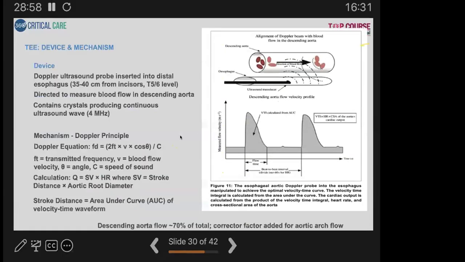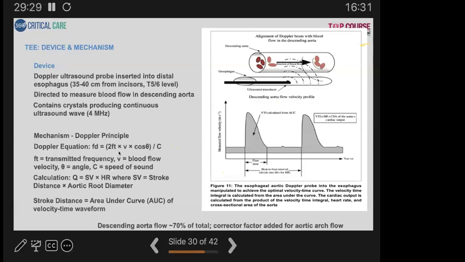Next comes the minimally invasive principle, which is the Doppler principle. Okay, the example for which is esophageal echo. Here you are using a Doppler ultrasound probe inserted into the distal esophagus, 35 to 40 centimeters from the incisors at T5 to T6 level, where you are directing the Doppler ultrasound probe to measure the blood flow in the descending aorta, where the ultrasound probe contains crystals producing continuous ultrasound wave, which could detect the flow in the descending aorta.